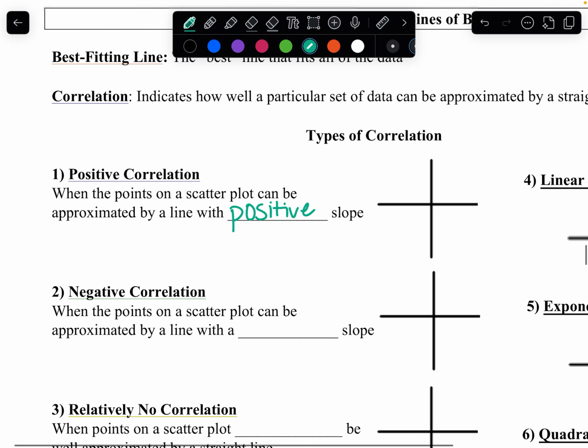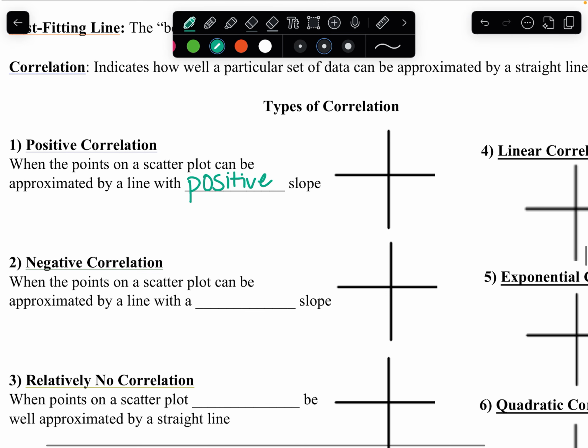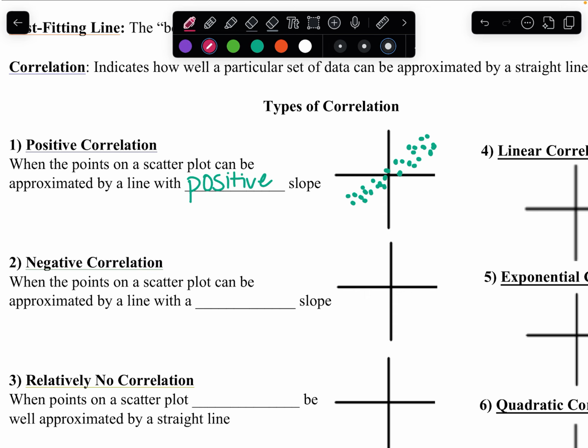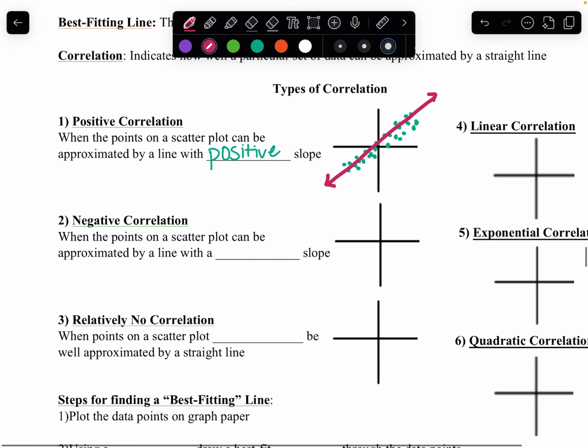What it looks like is a bunch of data points that create a line that's going up. And a line of best fit, when we draw it in, would look like this. That's why it would be a positive correlation.